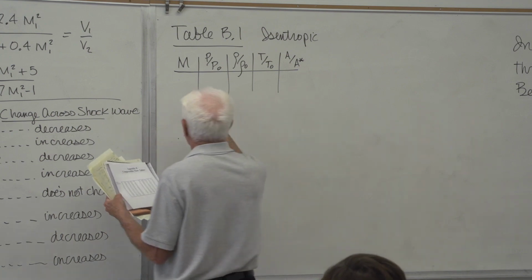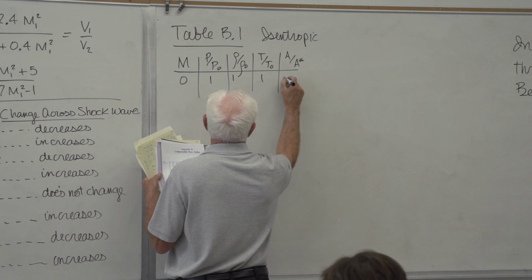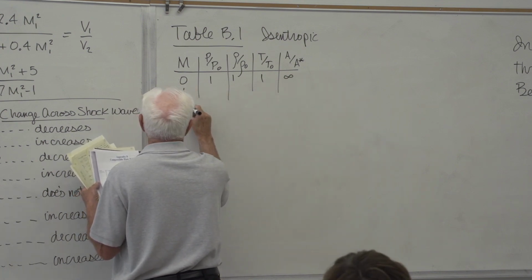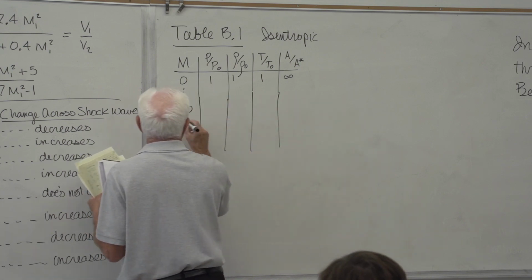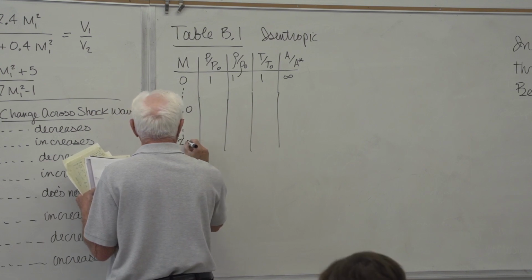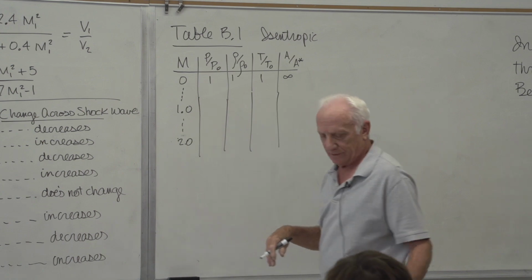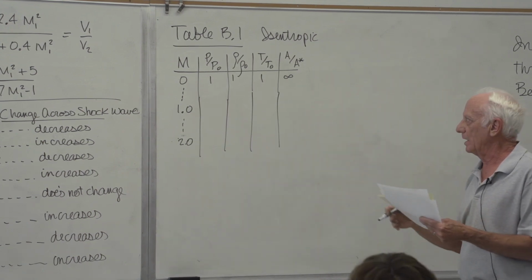Okay, we start out at 0, 1, 1, 1, infinity. We go down to a Mach number 1. We go down to a Mach number 2. It goes all the way down to a Mach number of 4 in your textbook table B1.